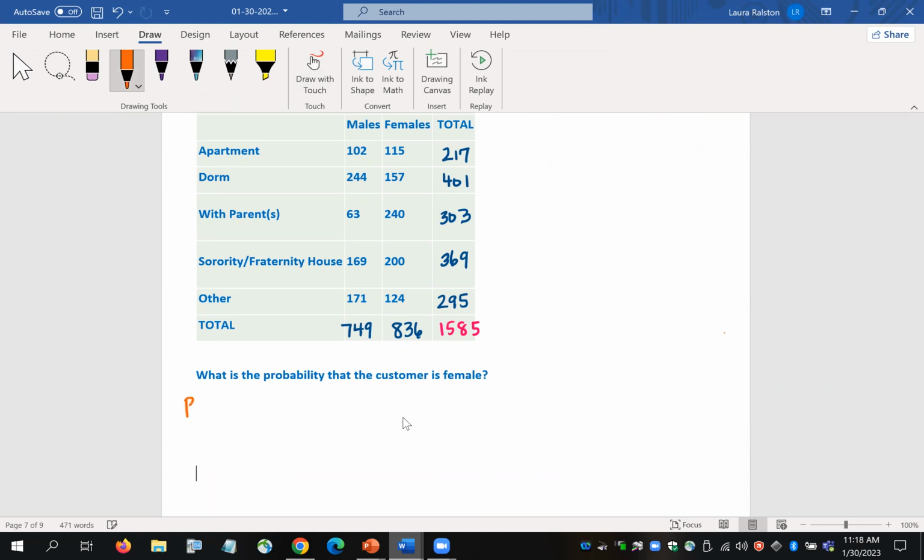So we want the probability of a female. And again, I'm going to write these steps out so that you'll have them. We need to know the number of females in the study divided by the total number of customers.